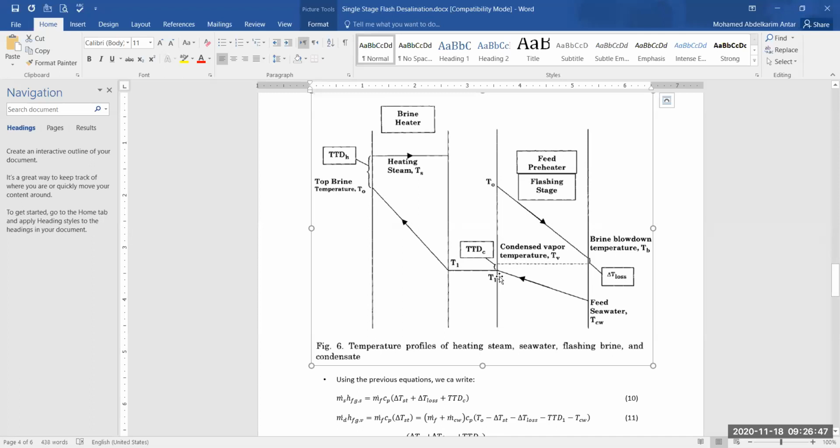So in addition to what we have written earlier, we can also write that TV has been calculated to be 38 and T1 has been calculated to be 35 degrees centigrade.